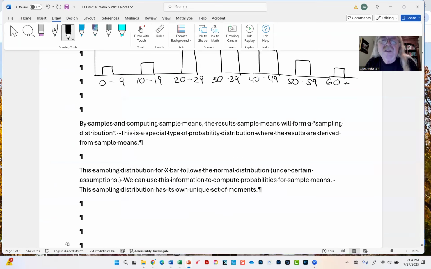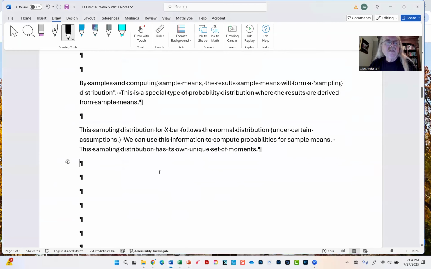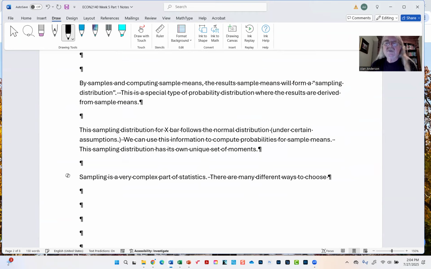By the way, I do want to mention one more thing here. Sampling is a very complex part of statistics. There are many different ways to choose a sample from a population, and every discipline does it a little differently.